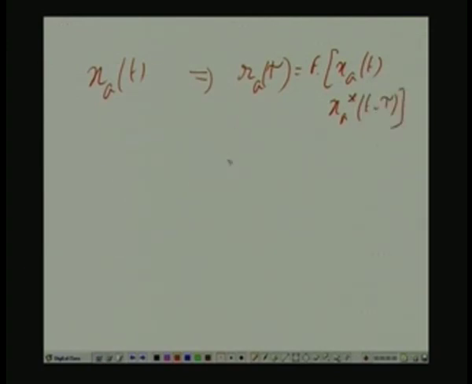Okay. And what is the power spectral density here? Φ_a(jω) is equal to, maybe I change the notation a little here.